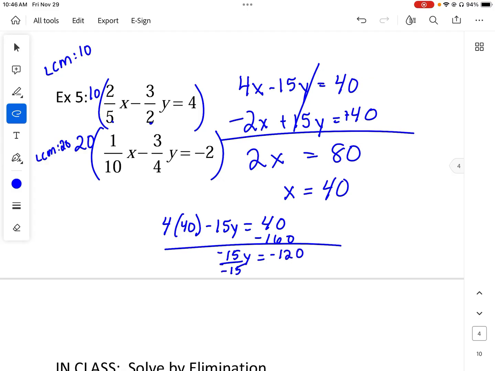Divide by -15. y equals -120 divided by -15. That is 8. So then my solution is (x, y) = (40, 8).